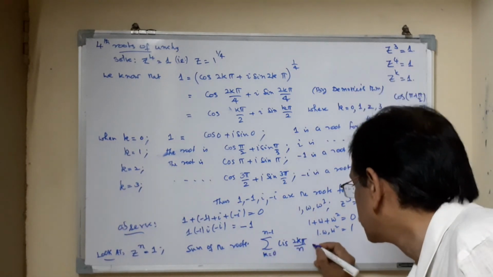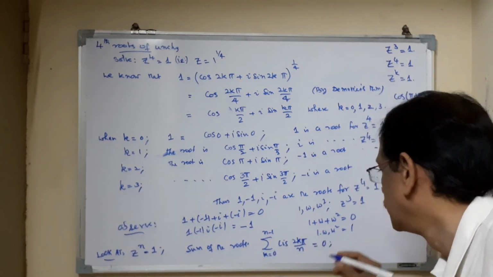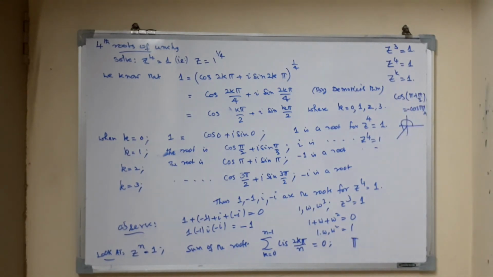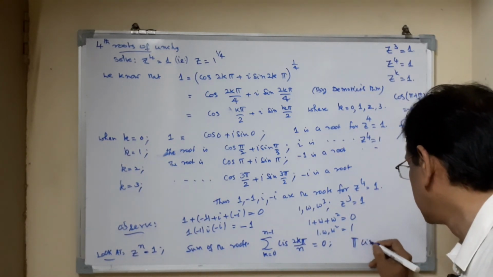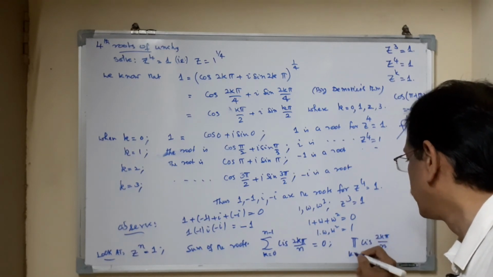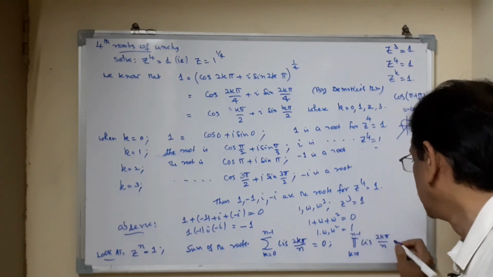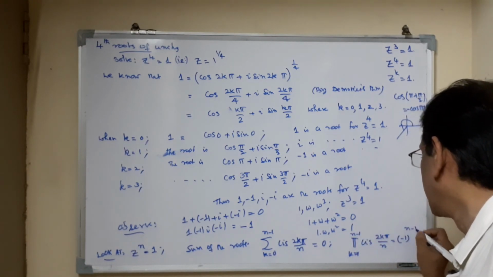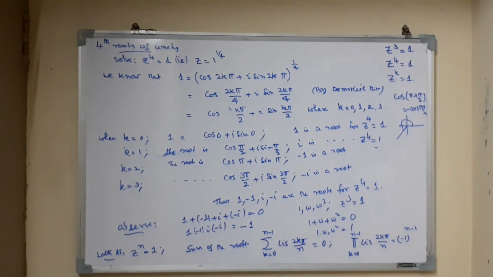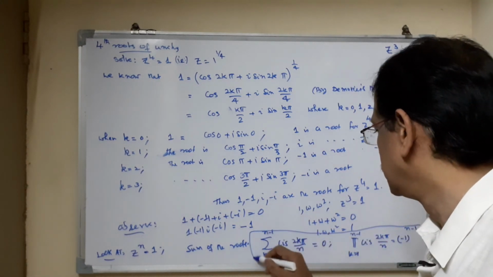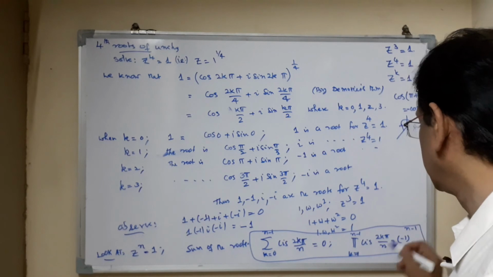The sum of the roots is always 0, and the product of cis 2k pi by n, k running from 0 to n minus 1, is minus 1 whole power n minus 1. You can observe this. This is a very crucial observation.